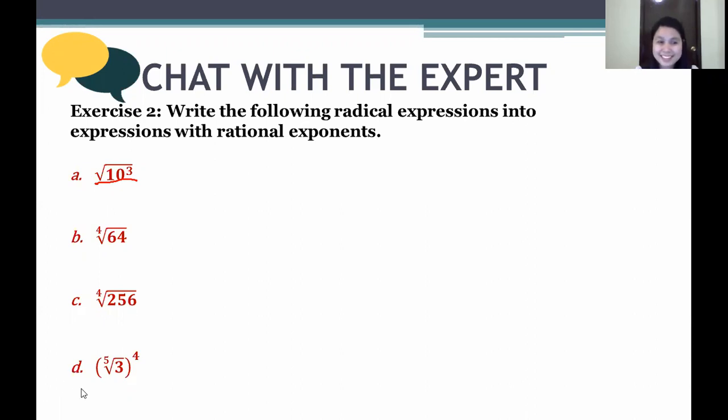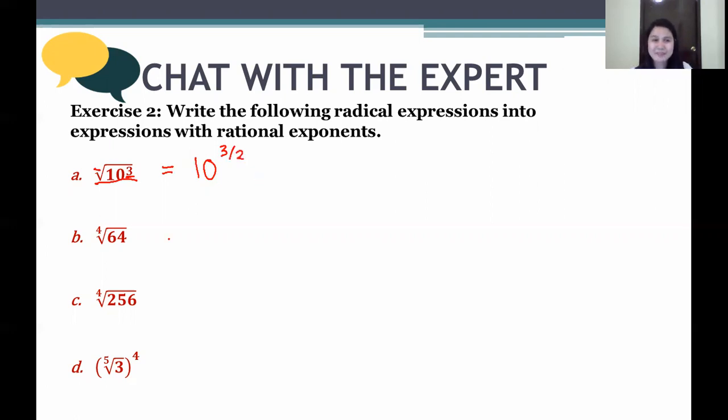Let me start. That can be written as, okay, you write the radicand here. The exponent with it is the numerator. The index is the denominator. So over 2. That's 10 to the power of 3/2.